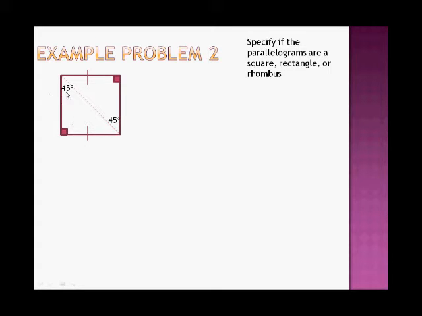But then there's a 45 degrees and a 45 degrees, and since a triangle has 180 degrees, this would also be 45, because 45, 45, and 90 is 180. And since it's also a parallelogram, this over here would also be 45. So by that, you can say that this side is equal to this side, and it's also equal to this side, and equal to this side, because of isosceles triangles. So it's a square.